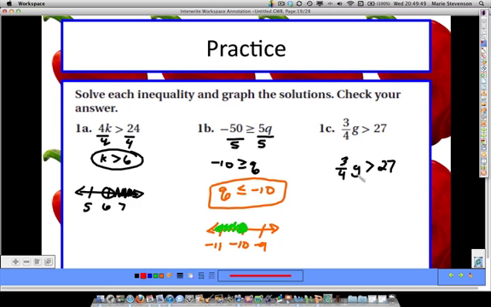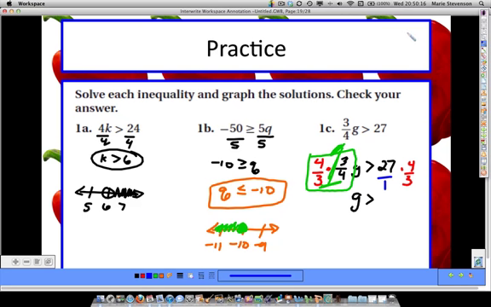Okay. Now remember, if you have a fraction that is a coefficient, multiply by its reciprocal on both sides. So right here, I'm going to get 12 over 12, which is 1. So I get G greater than. Now I'm actually going to cross cancel here. I could multiply across.